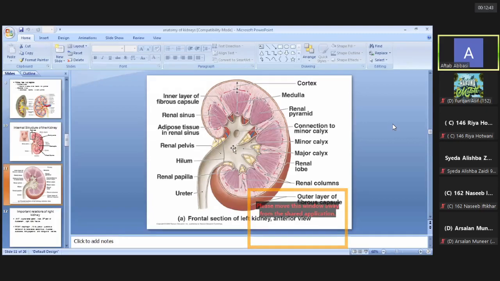The apex of each renal pyramid opens into the minor calyces. 2 to 3 minor calyces unite to form the major calyces, and these major calyces then open into the renal pelvis. The renal pelvis is the upper dilated part of the ureter that inferiorly continues with the ureter.